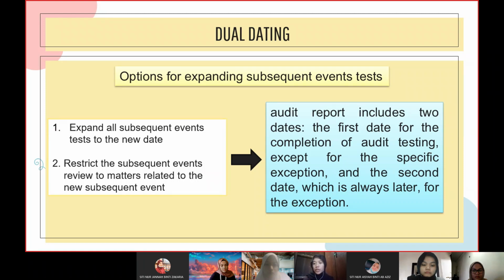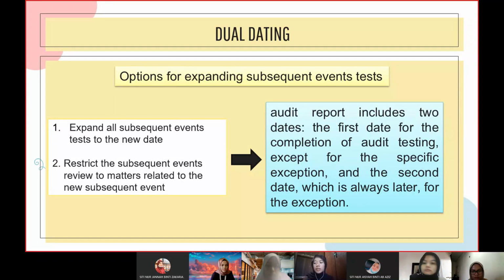The first date is for the completion of audit testing, except for the specific exceptions. The second date, which is always later, is the one explained in the option of dual dating for expanding a subsequent event test in an audit.